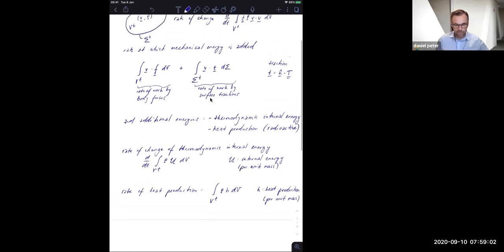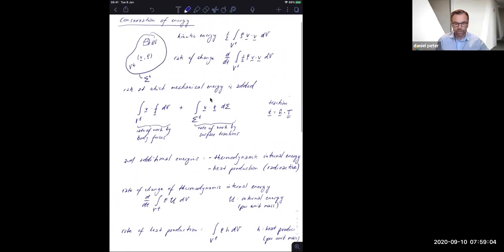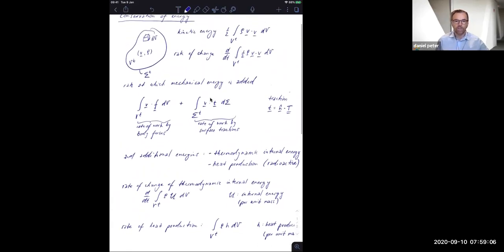Now we're almost done. We have almost listed everything about energy. Something we are still missing is how much heat is lost through the surface, through conduction. So it's the heat flux that we need to have as a final term.